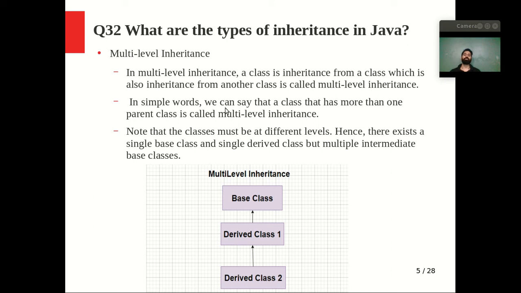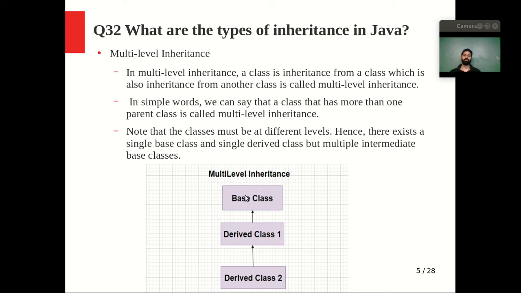So in simple words, you can say that a class that has more than one parent class in a chain is called multi-level inheritance. Note that the classes must be at different levels. Hence, there exists a single base class and a single derived class, but multiple intermediate base classes.